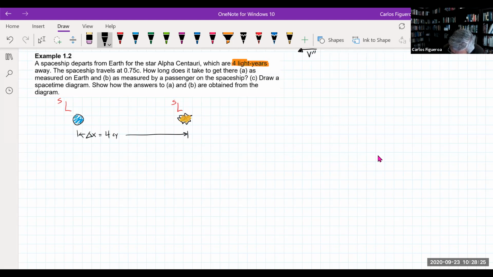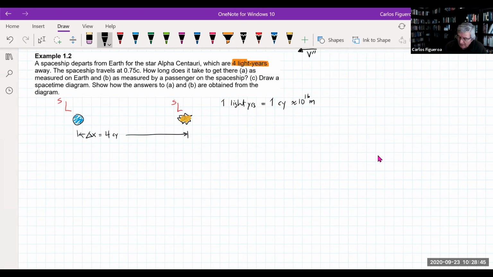And just to make sure that our language is correct, 1 light year, which is written CY, is just the distance that light travels in 1 year, and this is roughly about 10 to the 16 meters.